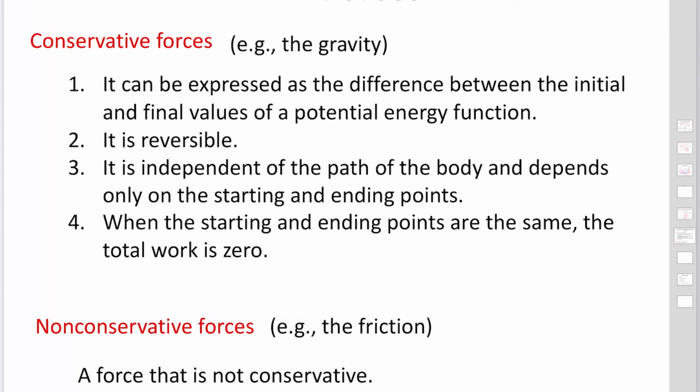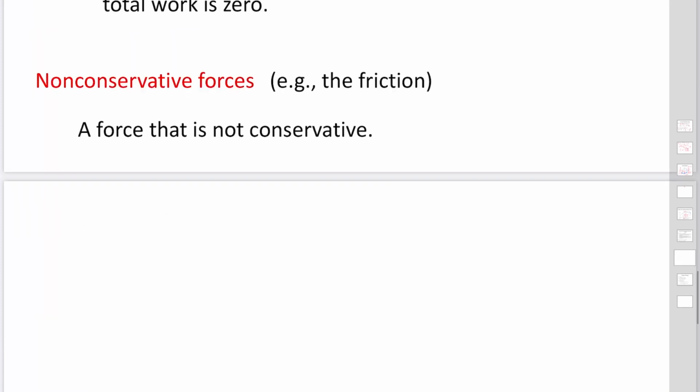For the non-conservative force, an example is friction. When we consider friction, the object is moving on a path, and the frictional force is acting on this object as it moves along this path.